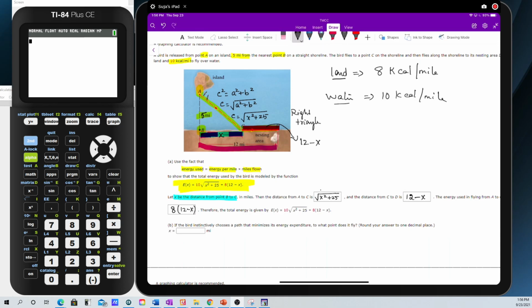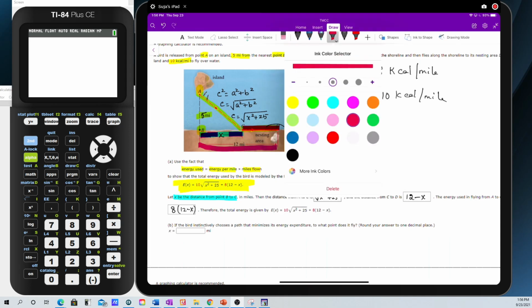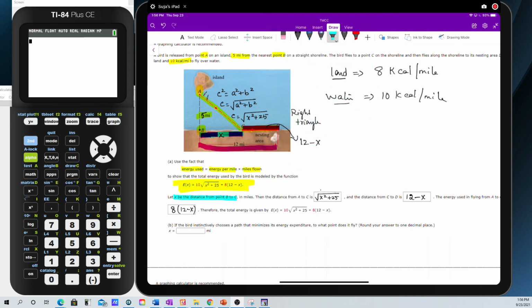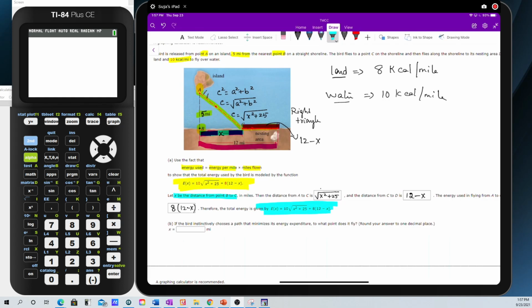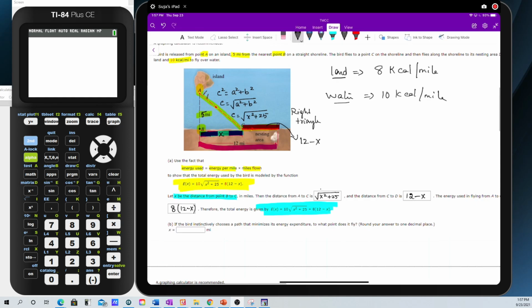And therefore if I add them together, my equation for energy will end up to be what they have shown there as E of x equals 10 square root of x squared plus 25 plus 8 times 12 minus x. Now when I come to this point here, immediately I know my dependent variable is the energy and the independent variable is going to be x, which is the distance from point B to C.